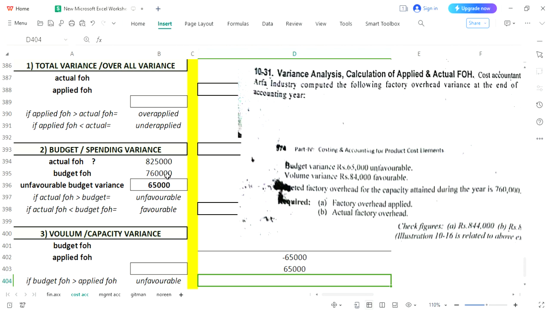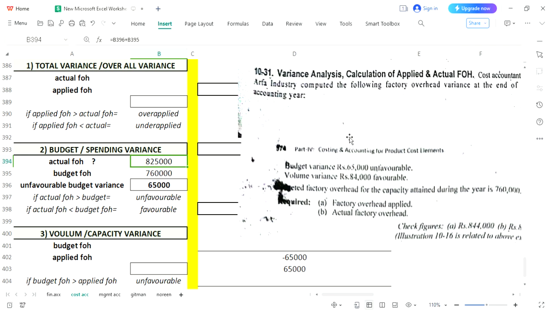So now you have to choose whether you will add or subtract. For that you will follow this rule. It should be actual more than budget if it is unfavorable. Here in the question, budget variance was given as unfavorable, so we will have to make actual FH more than budget. That is why we will add, to make actual FH more than your budget FH.